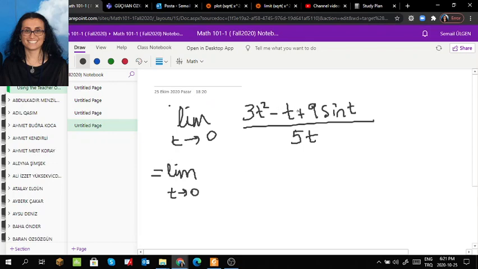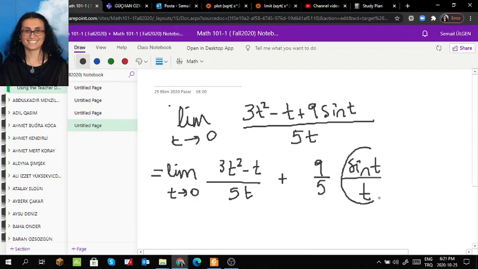So what we could do is we can maybe separate it into 2, like 3t squared minus t over 5t plus 9 over 5 sine t over t. This is going to go to 1, and this one we can simplify it.